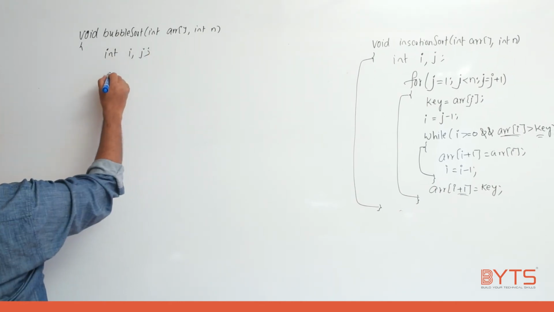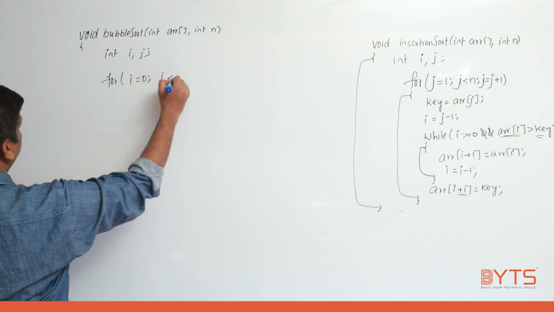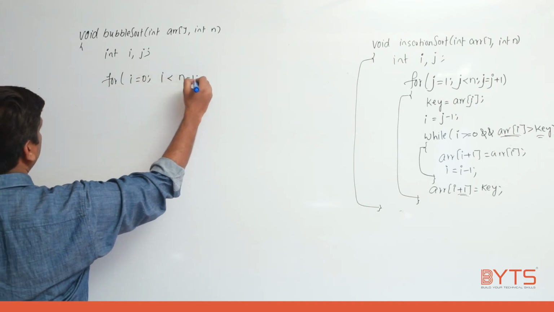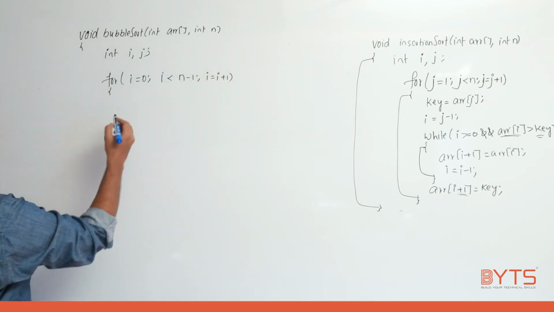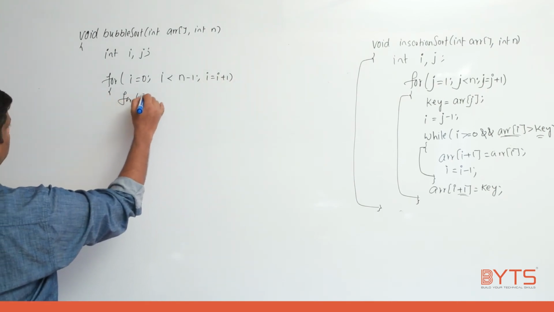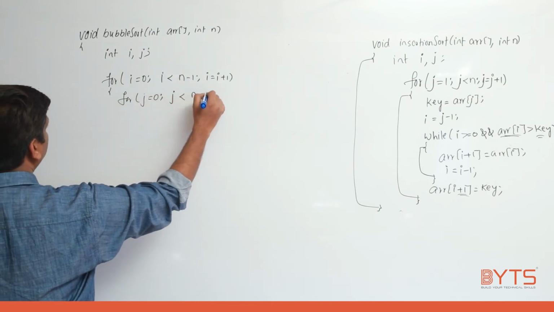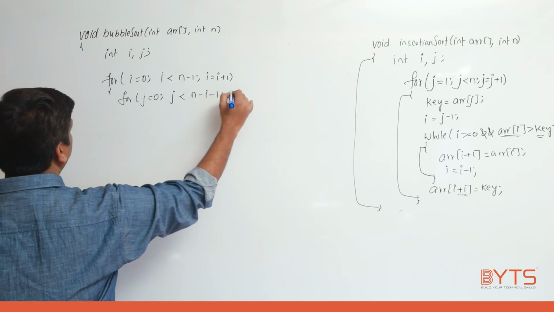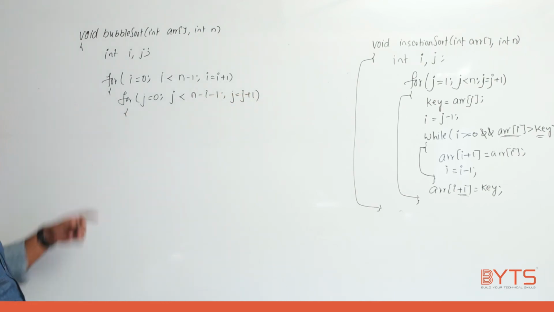Next, for i equal to 0, i less than n minus 1, i equal to i plus 1. Next, for j equal to 0, j less than n minus i minus 1, j equal to j plus 1. You should remember this, right? Earlier we have done this.